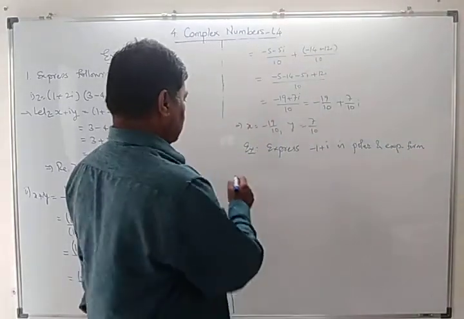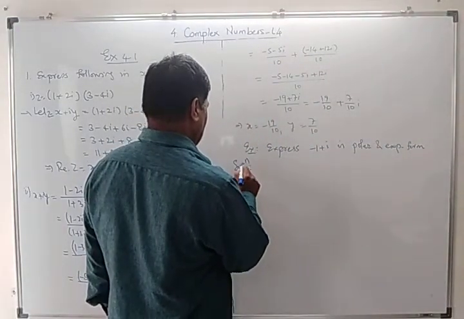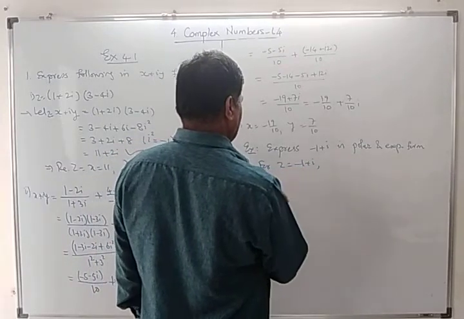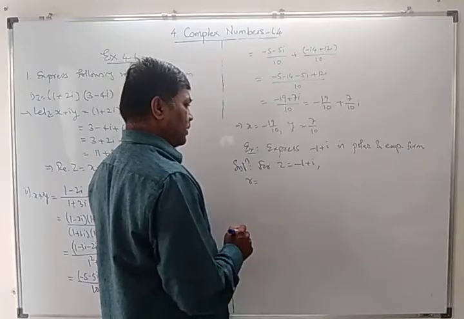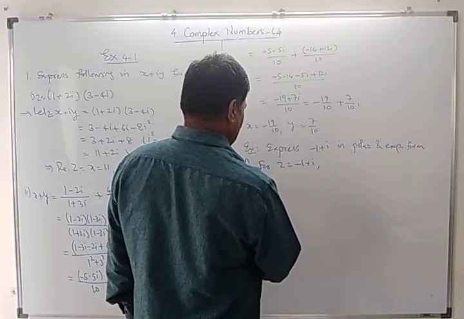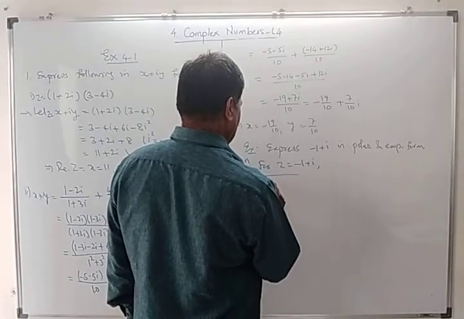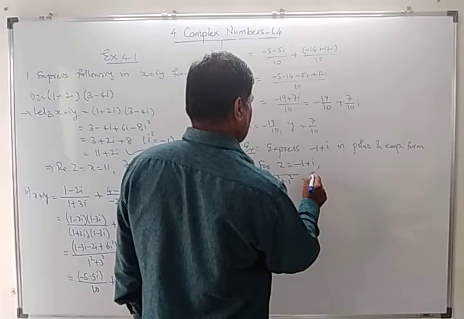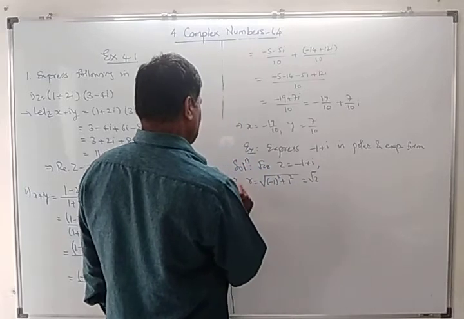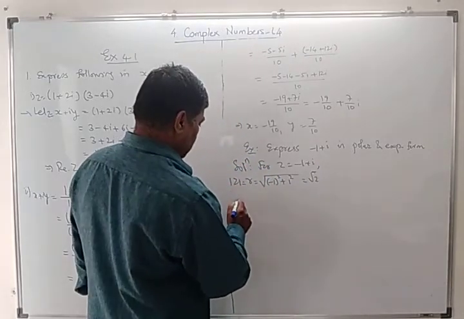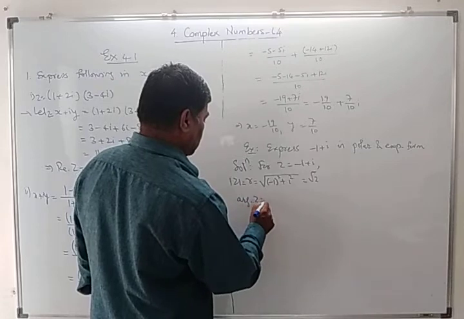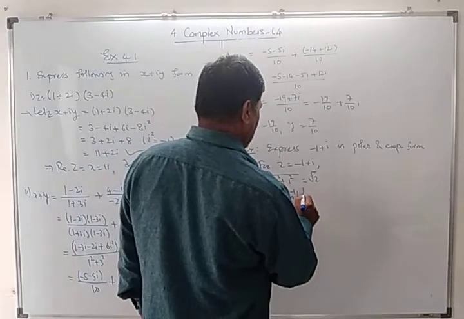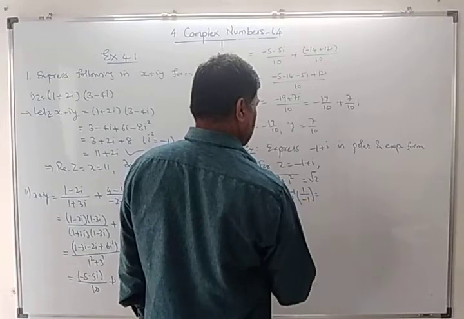So solution: for z = -1 + i, r = √((-1)² + 1²), which is √2. Mod z is equal to this. Argument of z is theta = tan inverse of 1 upon -1.